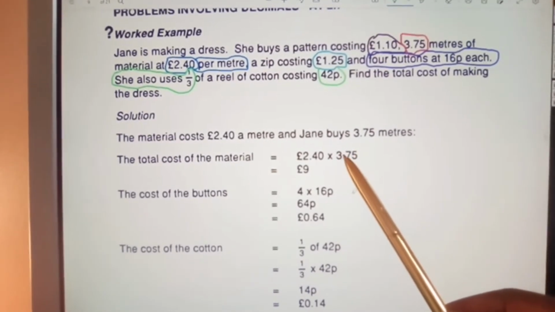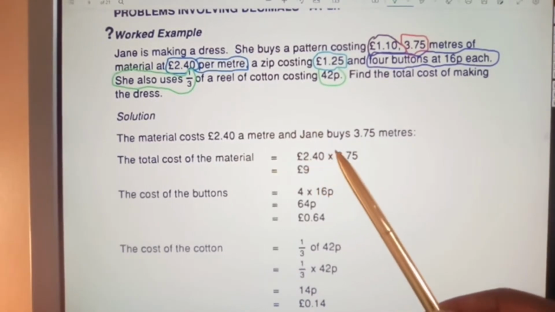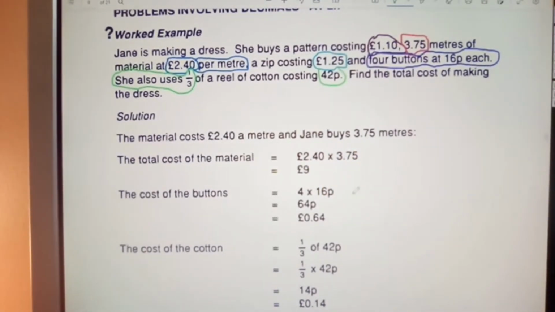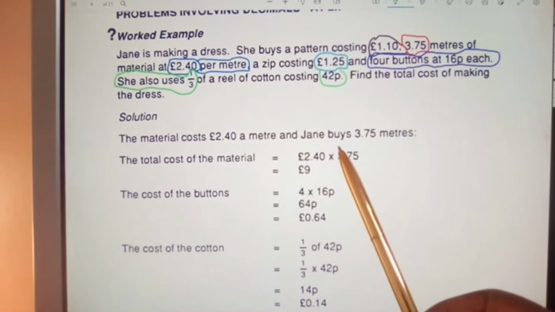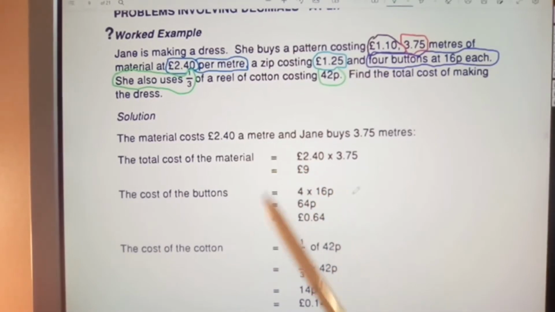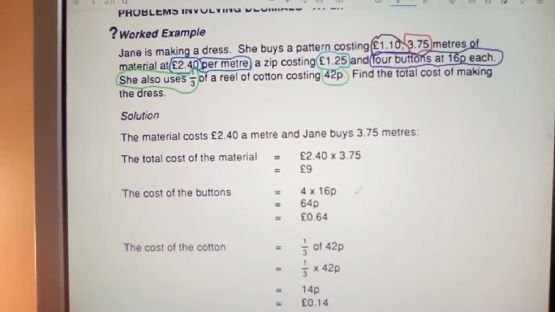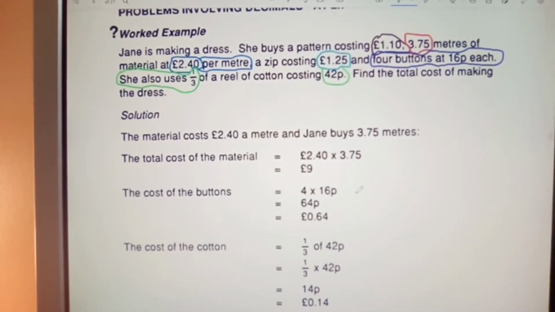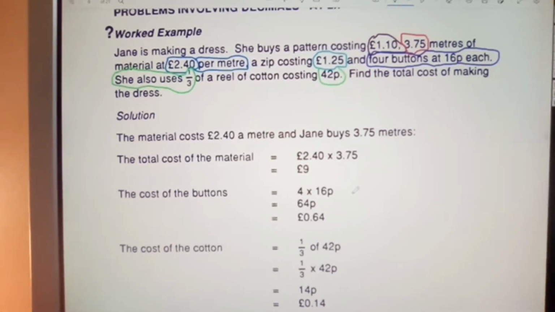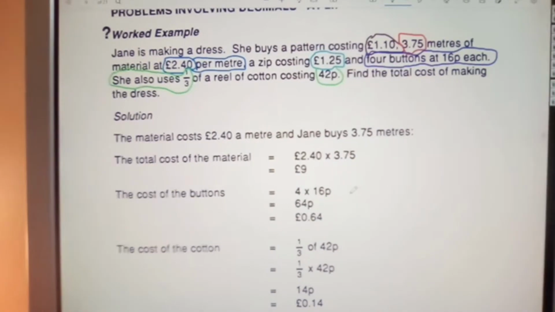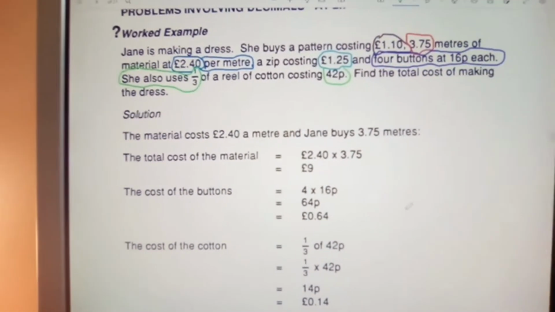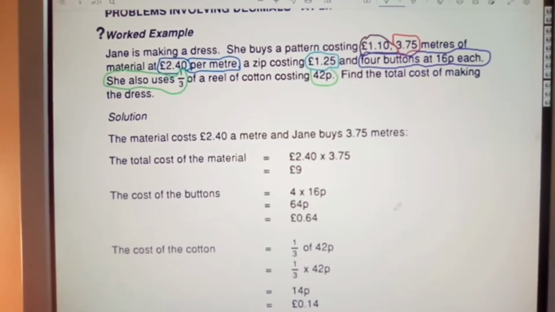If you multiply 240 times 375, it will give you something like 90,000. But because we have to move the decimal point 4 places back to the left, you'll find that it arrives at the exact answer of £9. I'm just giving you a different alternative as to how to look at it and multiply decimals.